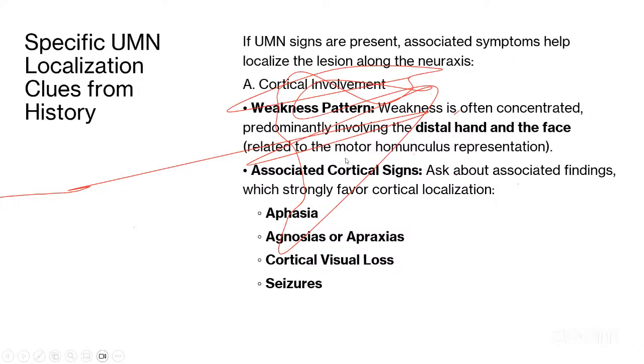So I'm just summarizing the clues from the UMN localization. If the UMN signs are present, the associated symptoms help us. In cortical involvement, the weakness is often concentrated predominantly in the distal hand and the face. Associated cortical signs, if they present, like aphasia, agnosia, apraxia, cortical visual loss, seizures, localize the lesion to the cortex.